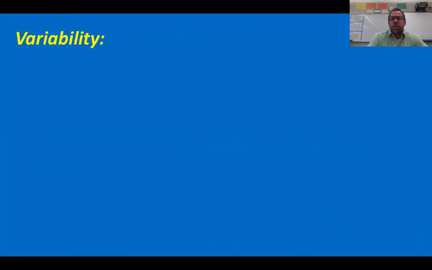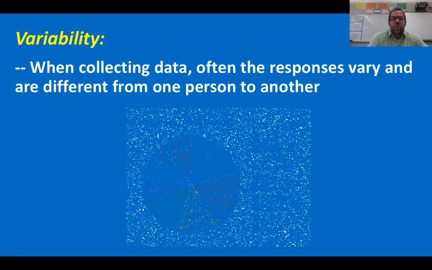Then we have this concept of variability. When you were collecting your data on the stick figures, some of the items were similar. Some of the students had the same favorite sport, but there were other items that were different. These differences are what we call variability.